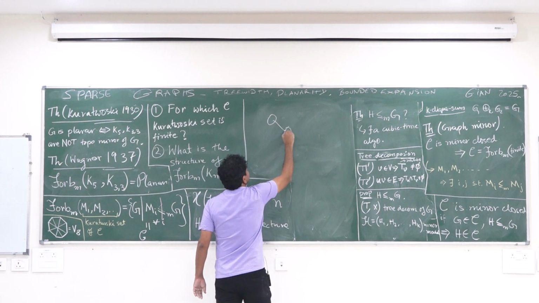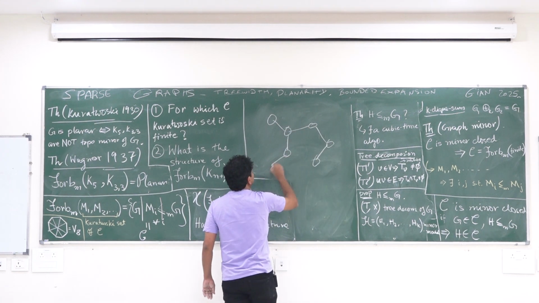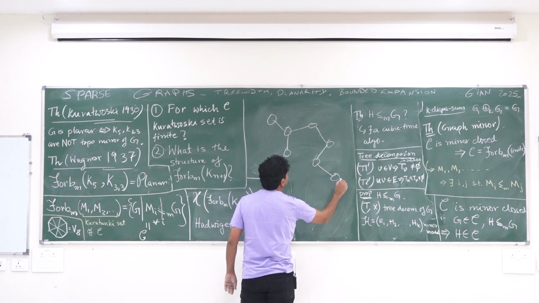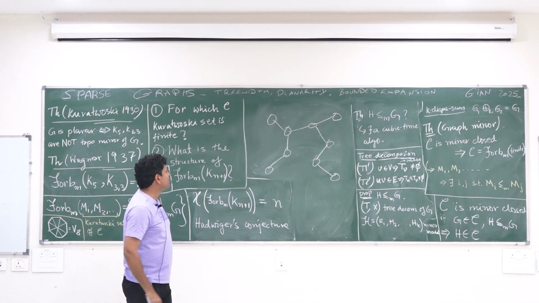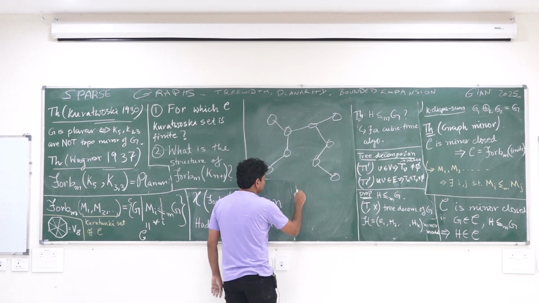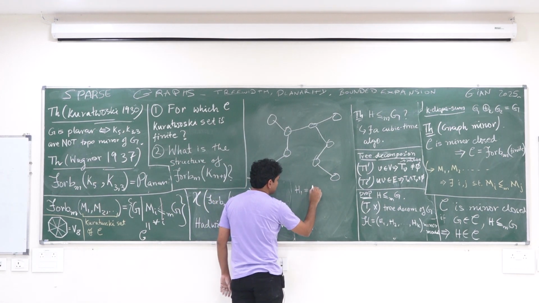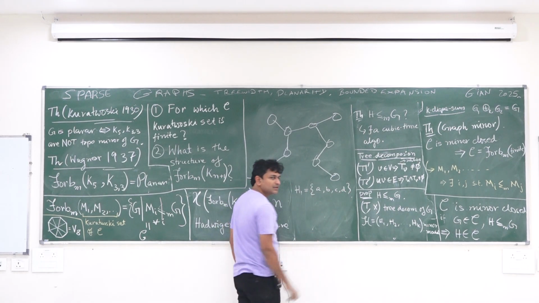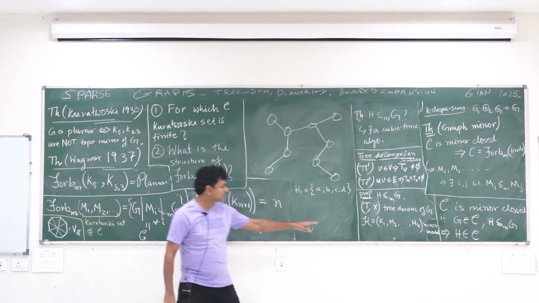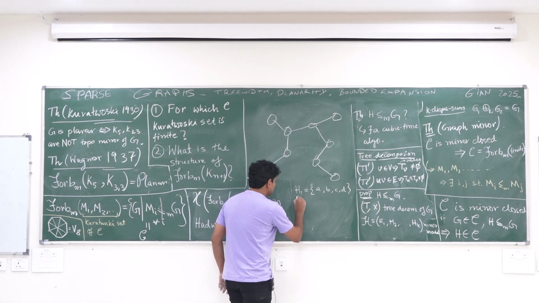So you have a tree decomposition. Now, your H1, suppose, is made up of A, B, C, and D. So H1 is the minor model corresponding to the vertex small h1.